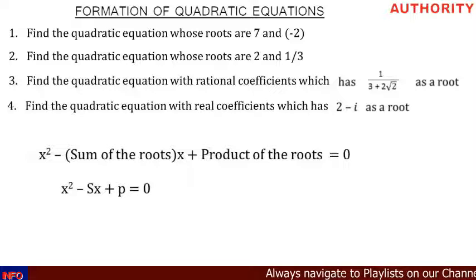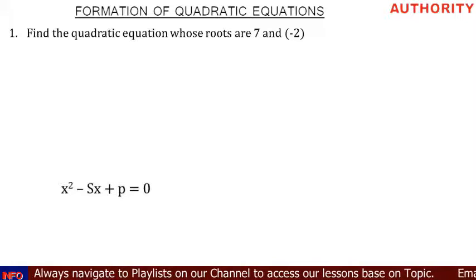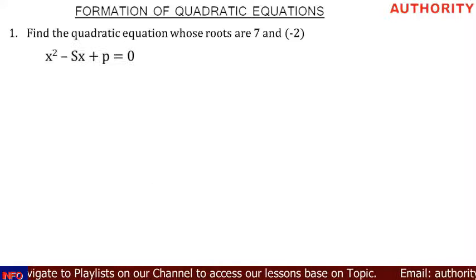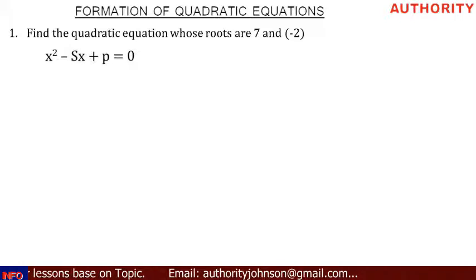Let's take the first one. The first one says find a quadratic equation whose roots are 7 and minus 2. We have our formula to be x squared minus sx plus p equals 0.